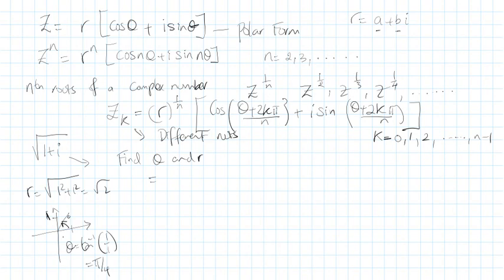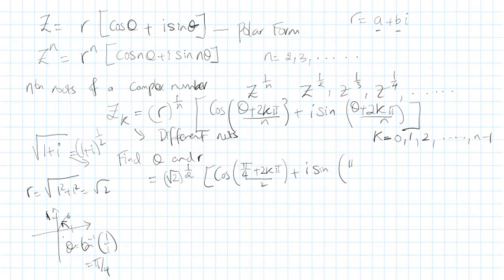So if I use the formula, the r will be root of 2 to the power of 1 over 2, because the n is actually 2 here, because the question is find the square root. Square root is power half, so the n is 2. So you get root of 2 to the power half, cos, and then you replace theta, so pi over 4 plus 2k pi, divided by 2, plus i sine the same angle.